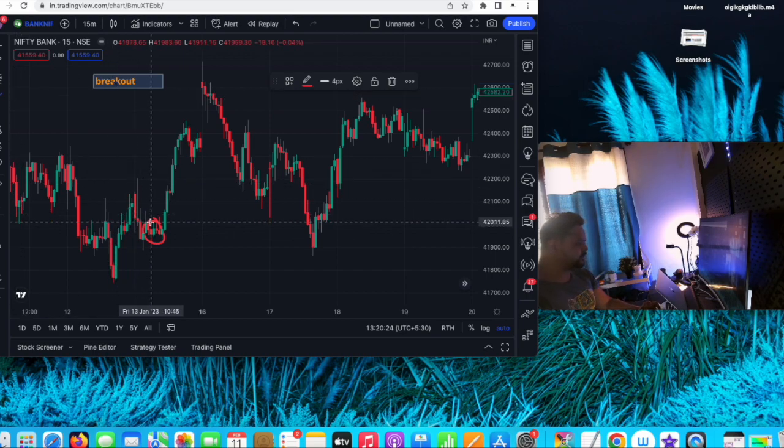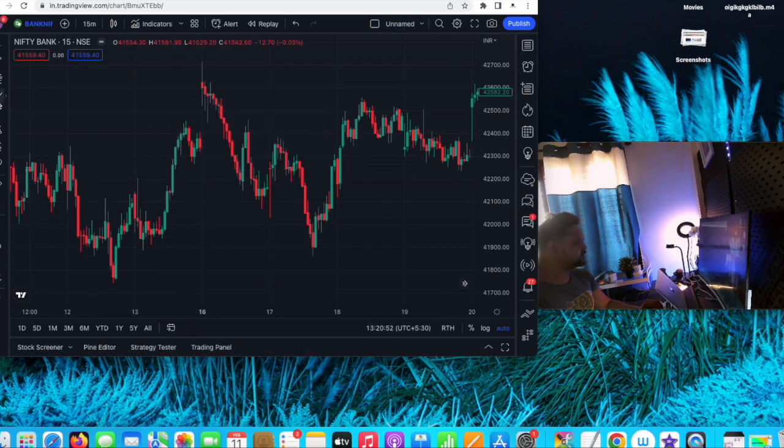So if you see over here, the red circle that I have drawn on Bank Nifty 15 minutes time frame, over here you can see there was a build up, right? And then we could see a breakout over here.